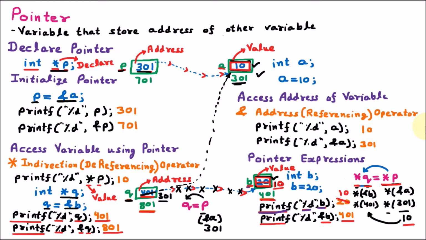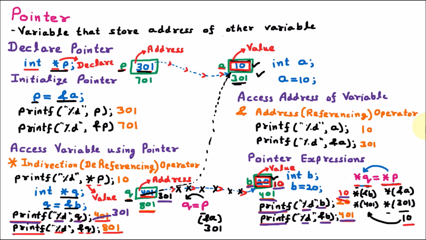The value of b which was updated, that is 10, will be the same. If we say printf("%d", &b), the address of b will remain the same, which is 401. But if we say printf("%d", q), now q has the new address, which is 301, so the new answer will be 301.